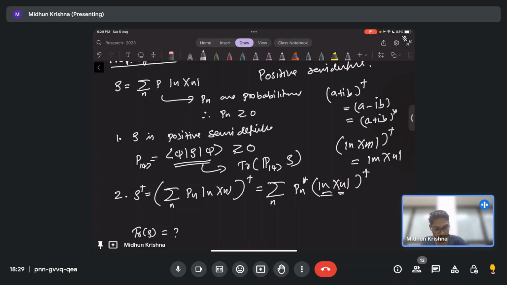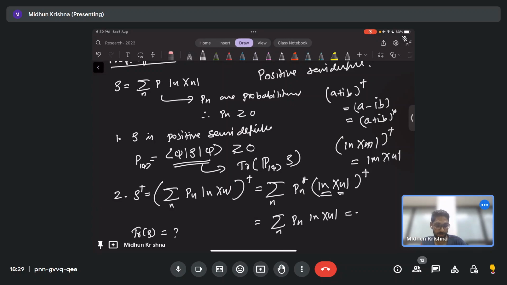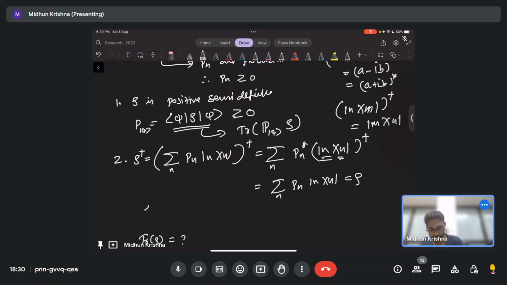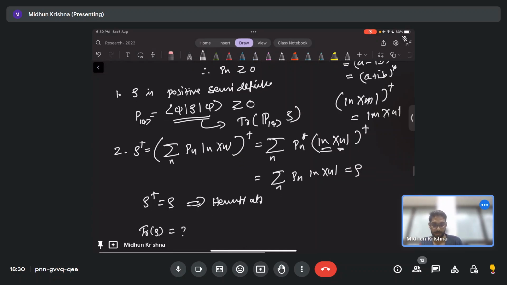What this comes out to be: since Pn is a real number, the complex conjugate is also real, so it's just Pn. Since it's |n><n|, if I take dagger, it will be |n><n| again. So this is rho itself. What this means is the density matrix is Hermitian. If rho dagger equals rho, that implies Hermitian.